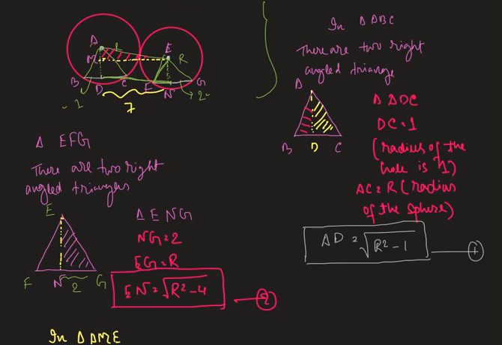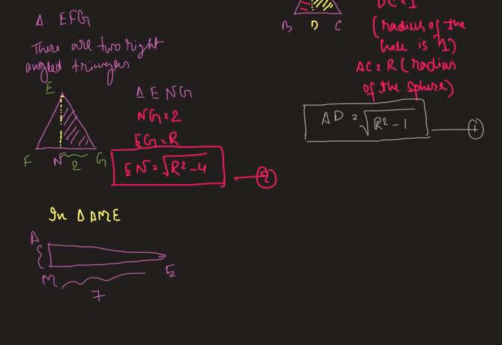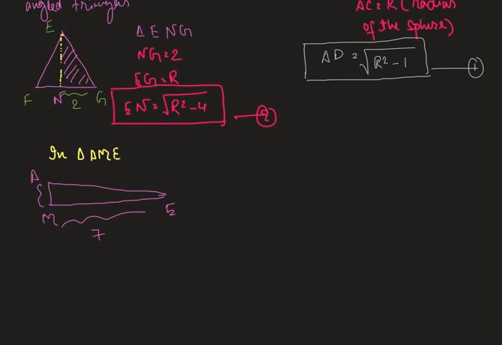As you can see, the value of AM is nothing but the difference between AD and EN. So therefore the value of AM is equal to root over r square minus 1 minus root over r square minus 4.